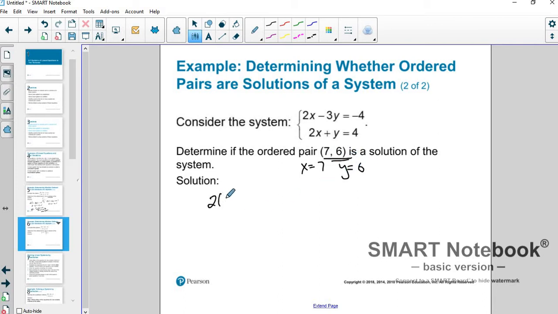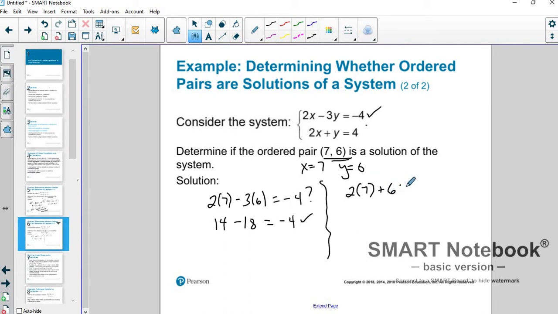We get 2 times 7 minus 3 times 6, and the question is, does that equal -4? Well, we get 14 minus 18, and that's -4. So yes, it works in the first equation, but that's not enough. We need to test the other equation too. 2 times 7 plus 6 equals 4. 14 plus 6 equals 4.